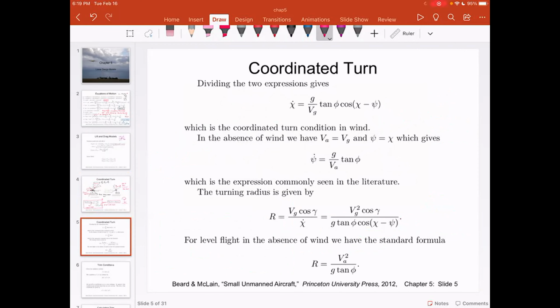For a coordinated turn, the radius of turn is given by this equation. So if you have a coordinated turn, then the radius of turn is given as Vg cosine gamma divided by G tan phi, tan psi cosine of chi minus psi.